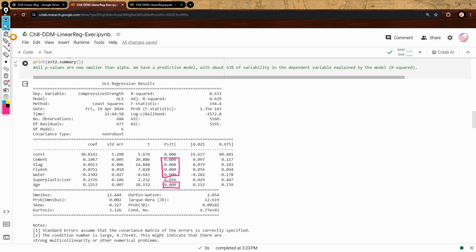So look at the t value. This is your t value. The first one is 20, 14, 7, minus 8. Minus 8 is probably somewhere here, so this one is really far away from the center. 2 is here, 18 is probably here, and 20 is here.